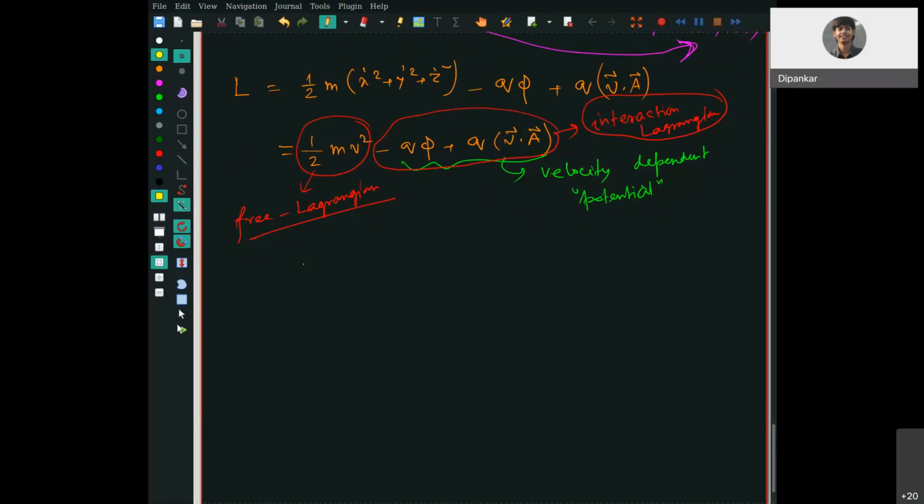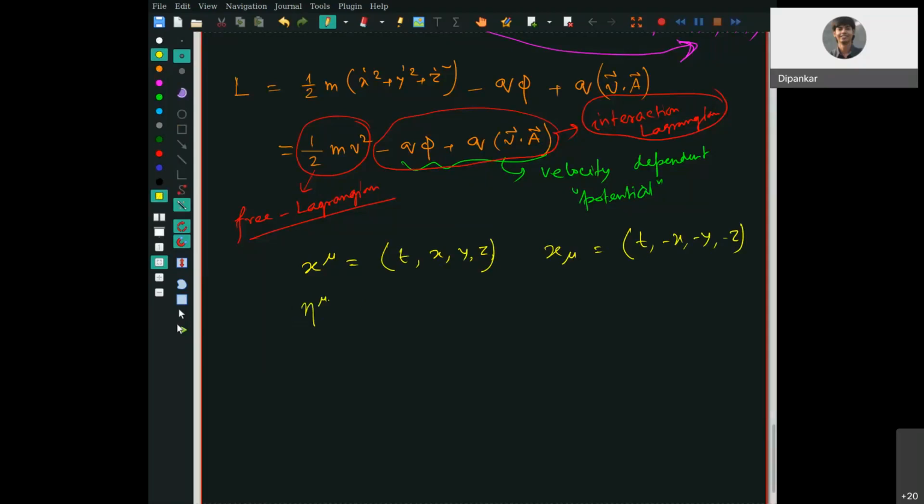For example, let's say the position 4 vector, the contravariant one, is given by t, x, y, z, and the covariant one would be t, minus x, minus y, minus z, which means I am working with my metric tensor, which I will denote by eta mu nu, a diagonal matrix of 1, minus 1, minus 1, minus 1. It has a signature of minus 1.